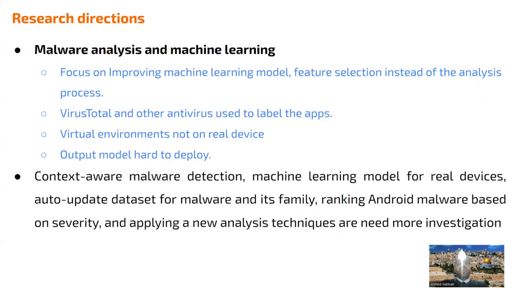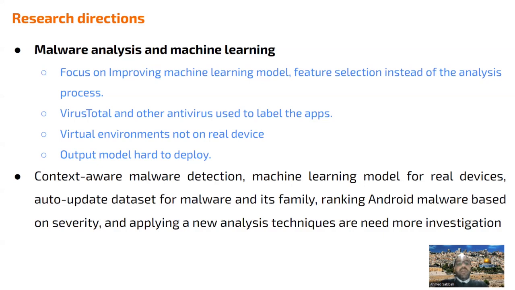If we have a new malware, maybe the signature does not exist, so in VirusTotal it may appear as a benign app, and we fall under the zero-day attack. So we need techniques to label malware in a dynamic way, at runtime, on the real device.